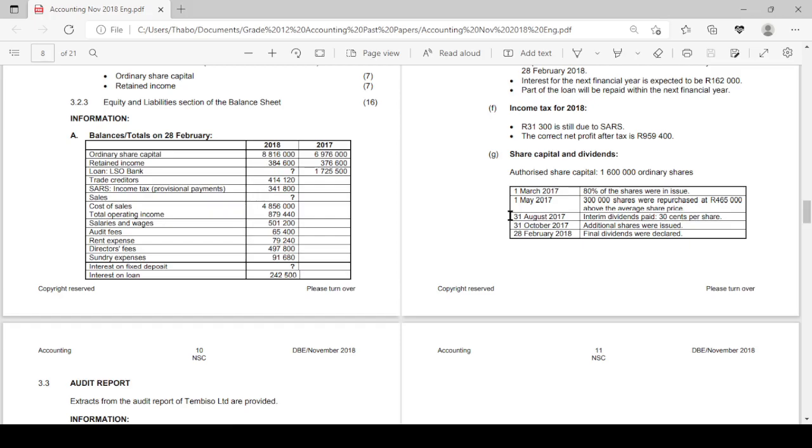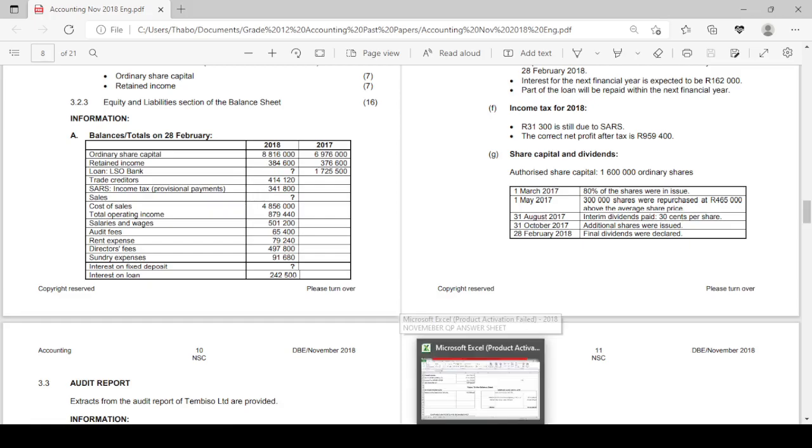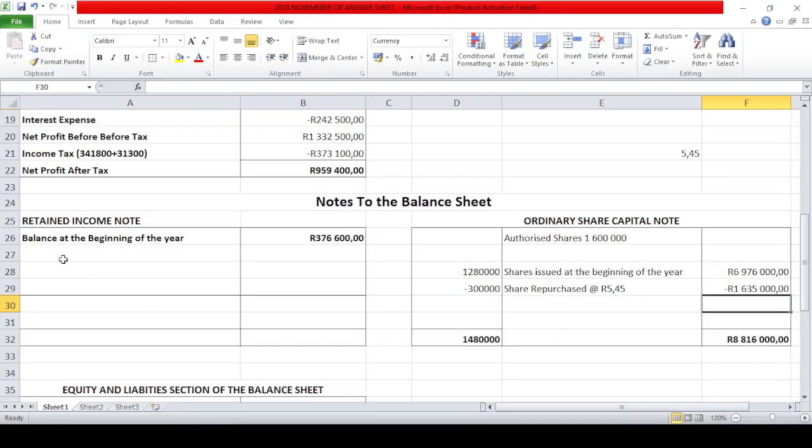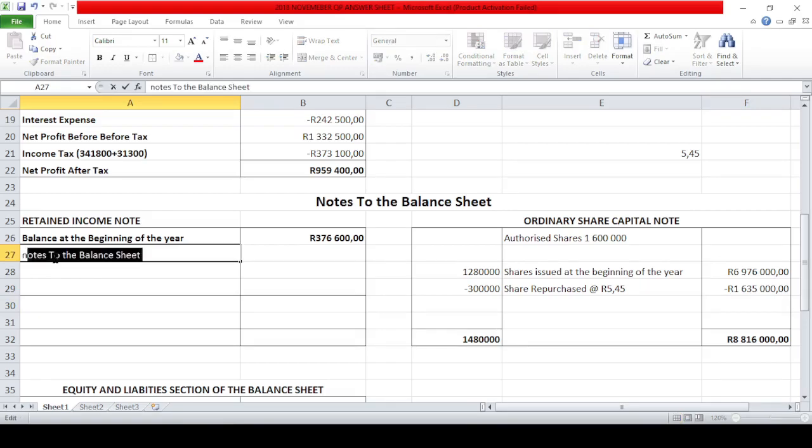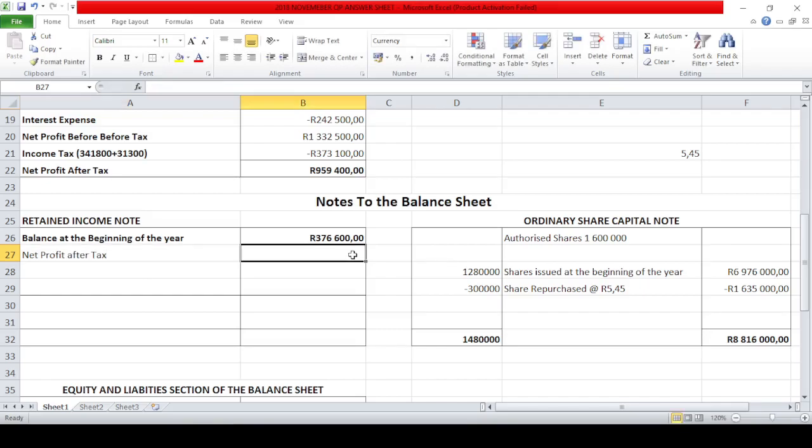So for the shares that we have, to calculate the interim dividends on our retained income note, let me first record the net profit after tax. The net profit after tax that we have is 959,400.